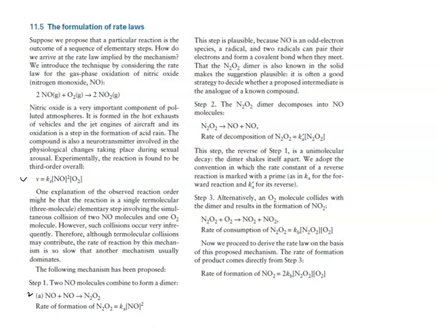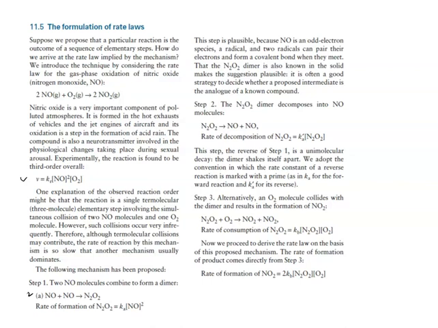And the rate of formation of this would be described by the rate constant k_a times the concentration of NO squared. This step is plausible because nitrogen monoxide is an odd electron species, a radical, and 2 radicals can pair their electrons and form a covalent bond when they meet.